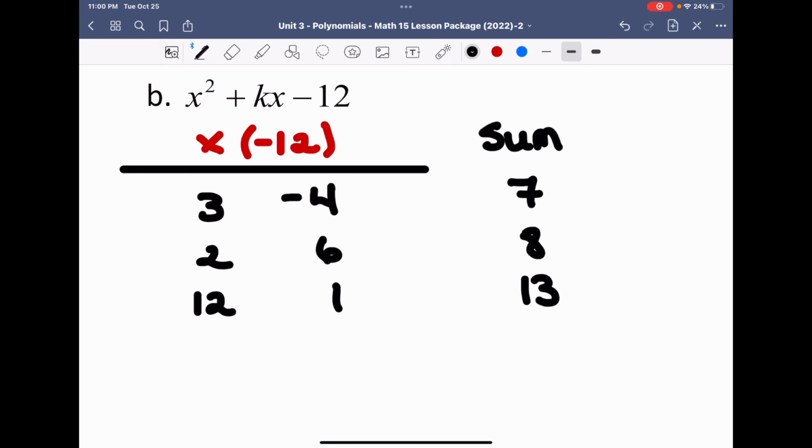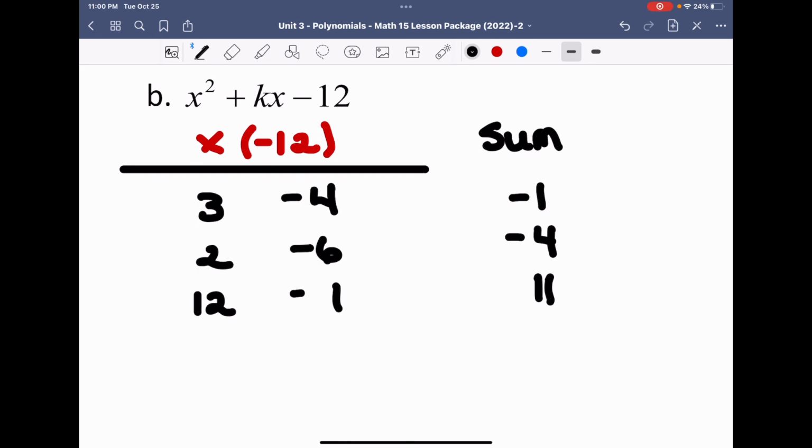In order for the product to be negative, when we multiply, one of them has to be negative. So let's say these ones are negative. We're going to go back here and fix this. The sum 3 minus 4 is negative 1. 2 minus 6 is negative 4. And 12 minus 1 is 11.